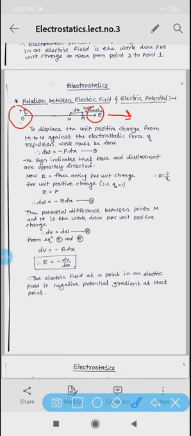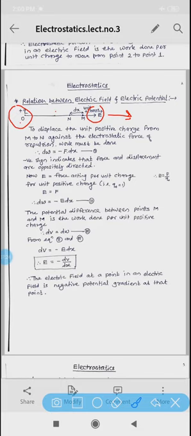So to displace the unit positive charge from M to N against the electrostatic force of repulsion, work must be done, and this work done is given by dW is equal to minus F into dx. Suppose this is equation 1.